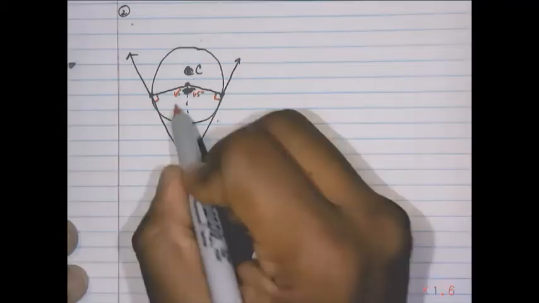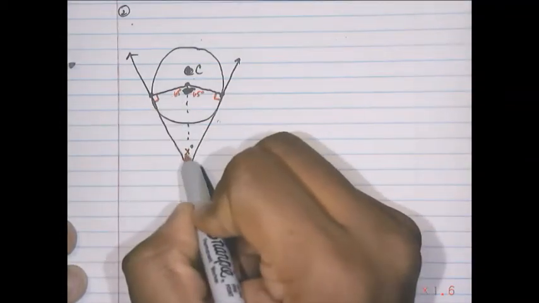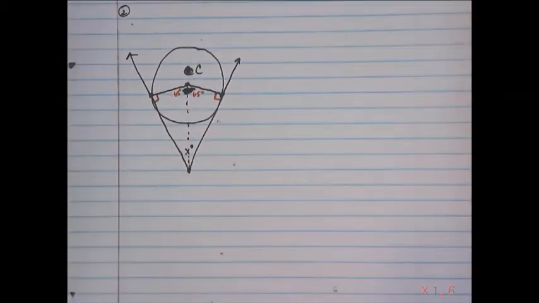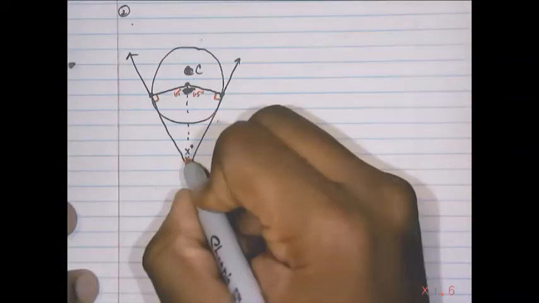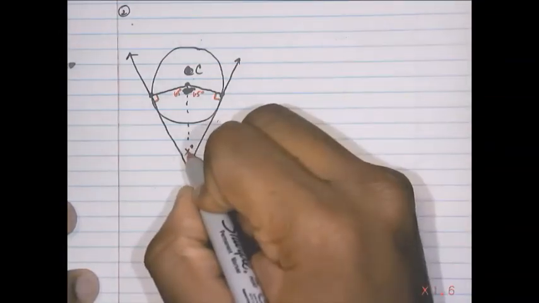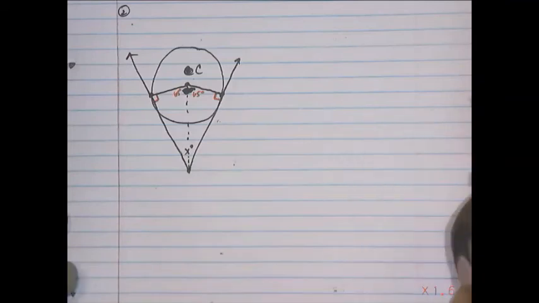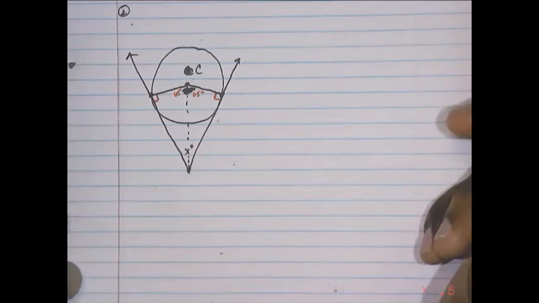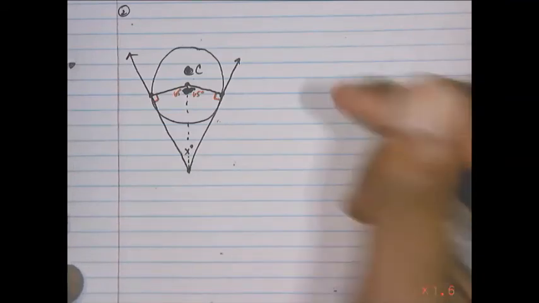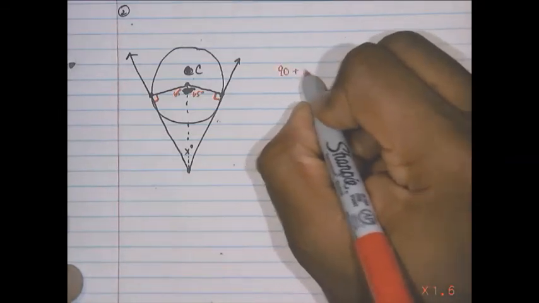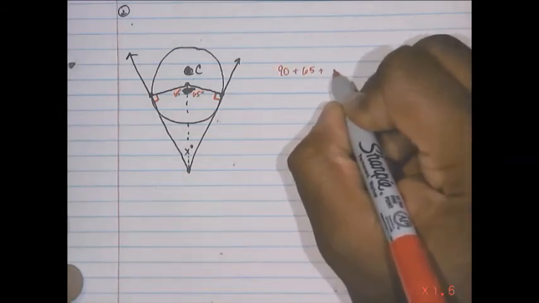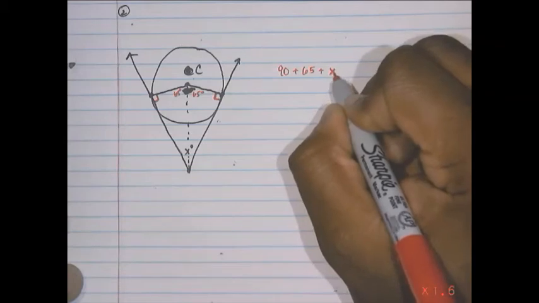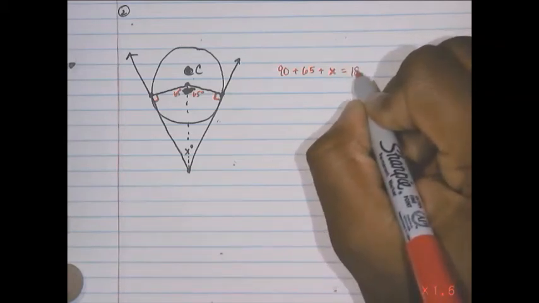Which means that if I have this angle and this angle, can I find this one down here? Absolutely, because whatever I get for x, I'm going to multiply it times 2, and that's going to tell me my whole angle. So I end up with 90 plus 65 plus whatever x is equals 180.